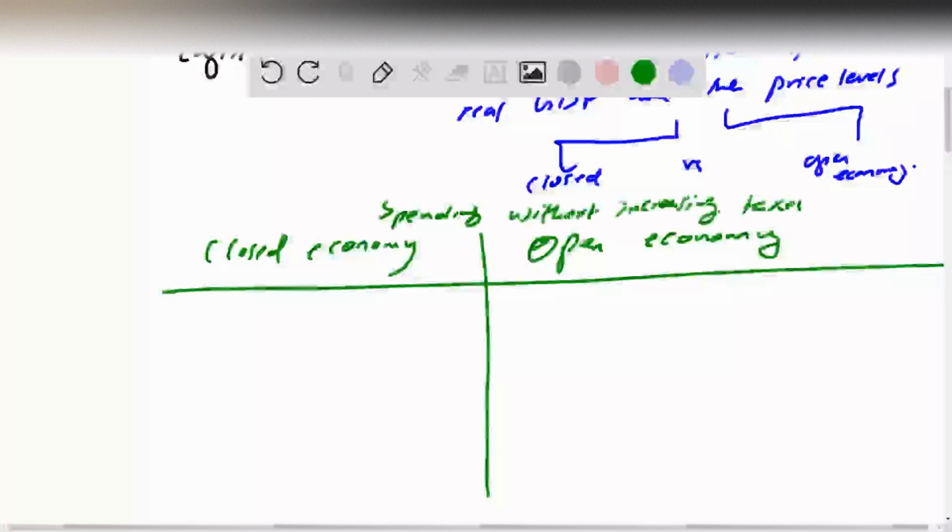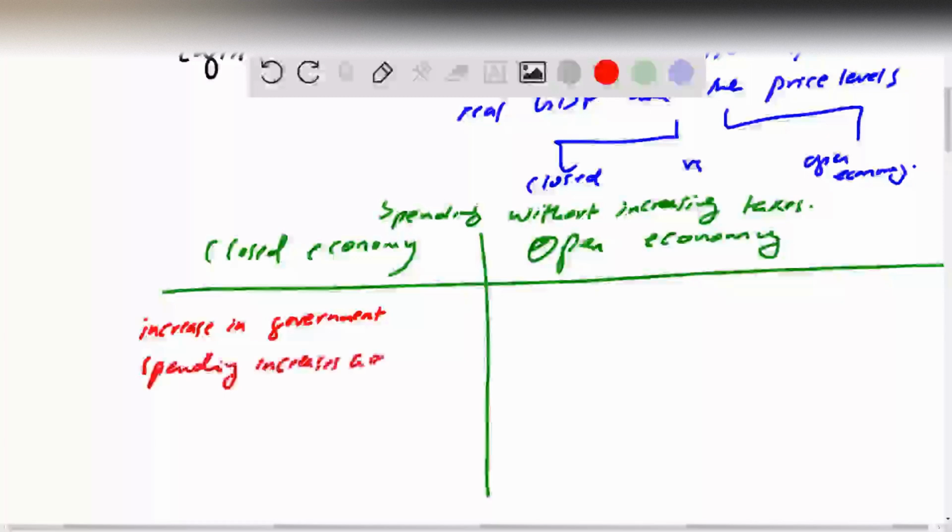So what happens is the increase in government spending increases aggregate demand.